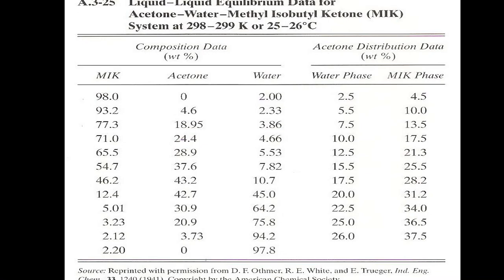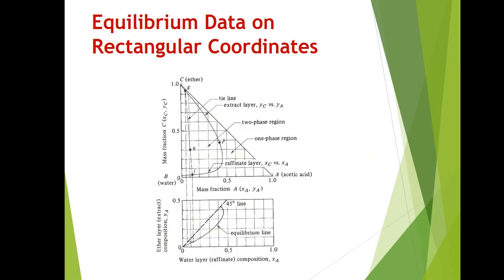So this data is actually translated in terms of this diagram. If you look closer at the bottom of this diagram, you have the water layer composition and the ether layer composition. So this is the water-rich phase and this is the solvent-rich phase. The 45-degree line is just drawn because it's a 45-degree line, slope equal to 1.